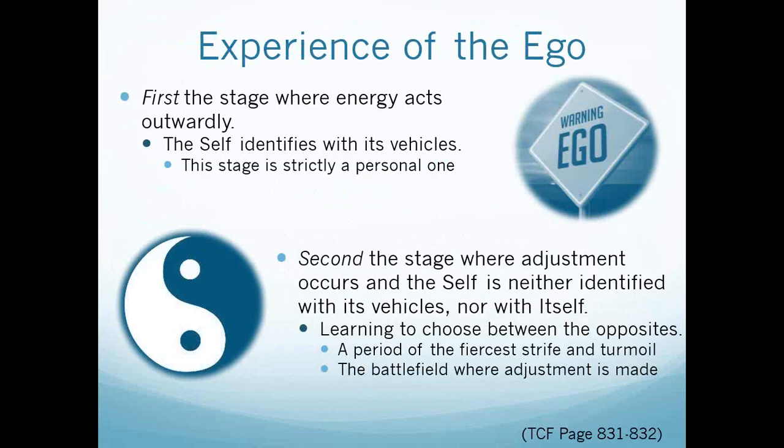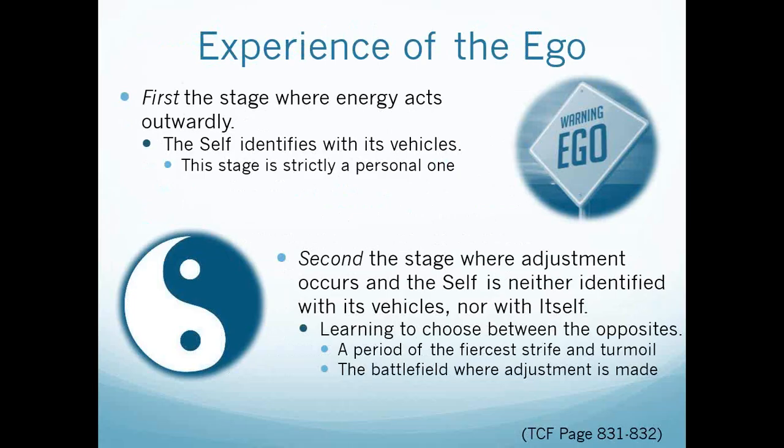There are three stages in terms of the ego, or the soul. First, the stage where energy manifested acts outwardly. The self becomes identified with its vehicles. This is strictly a personal stage. I am that. Second, the stage where adjustment occurs and the self is neither identified with its vehicles nor with itself.